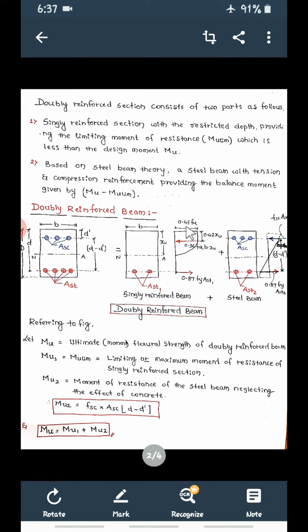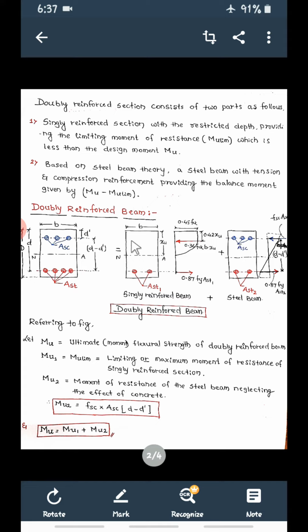Now again this is a stress diagram. As we know, this is the singly reinforced beam. What is the force in the tensile steel? The stress is 0.87 Fy and the area of steel is AST1, so the force is 0.87 Fy AST1. Stress into area gives the force in this steel.